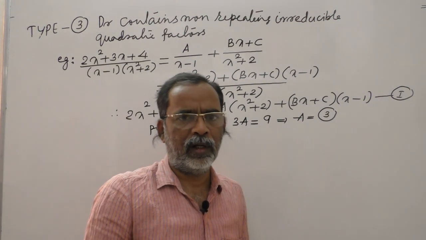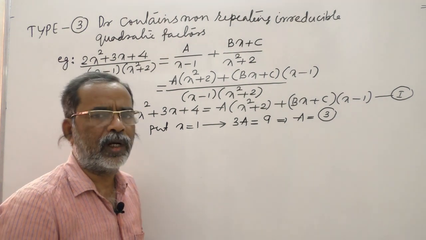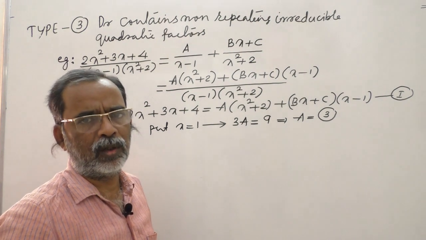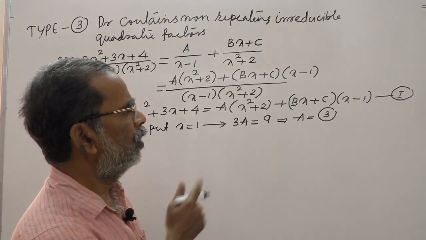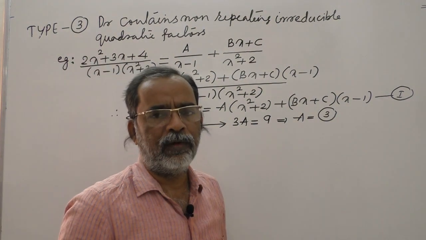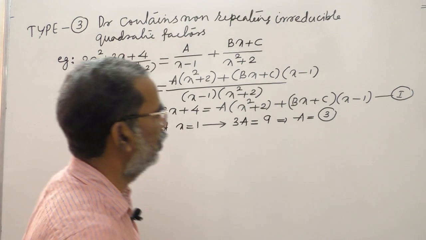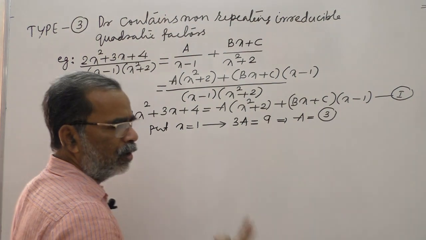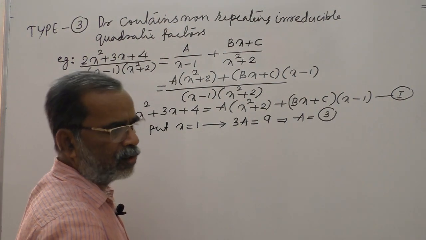Next, finding the other two values. Those can be found in many ways. You can put some other values, like x equal to 2, 3, etc. Listen here. Two values are to be found. To find two values, we need two equations. You can give some values so that you obtain two equations and solve them.